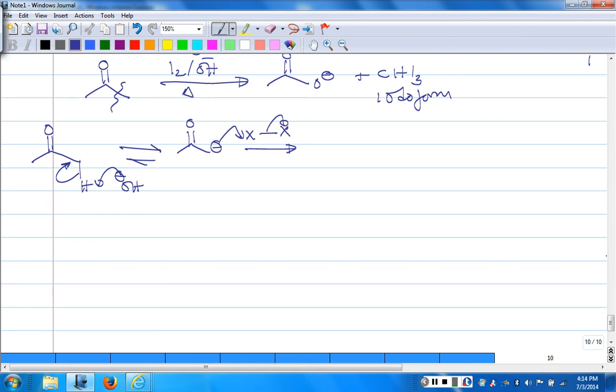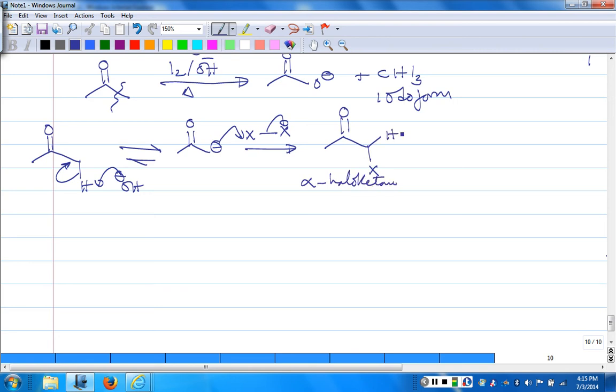That's why they react with bromine, with alkenes in carbon tet. So what I'll generate is the substitution product. This is a nice simple SN2, and I'll make this compound, which is the alpha halo ketone in this case.